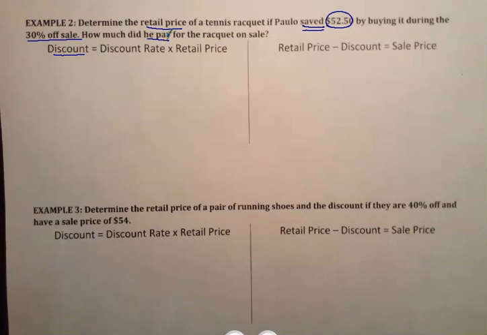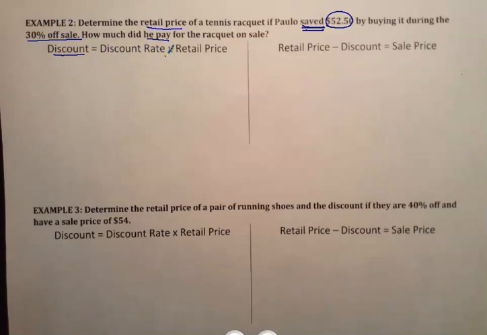This time we're using a discount because we know that he saved money, so we're looking at the discount ideas. Then we need to think about how these pieces fit into this equation.